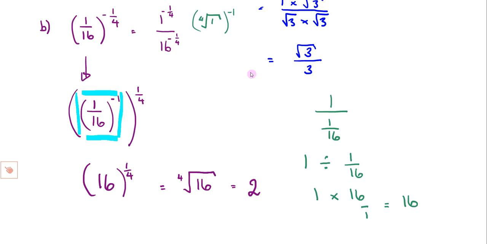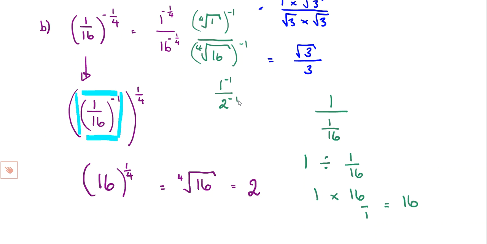We would have still had to do that, divided by the 4th root of 16, but still to the negative 1. Happy with that? The 4th root of 1 is 1, so I've now got 1 to the negative 1, and the 4th root of 16 is 2, so 2 to the negative 1.